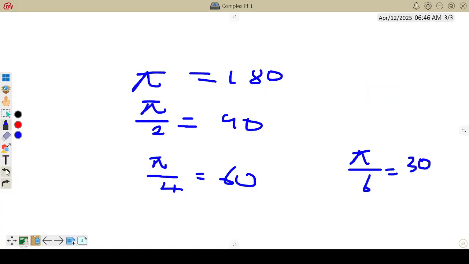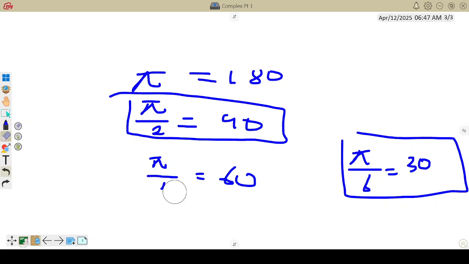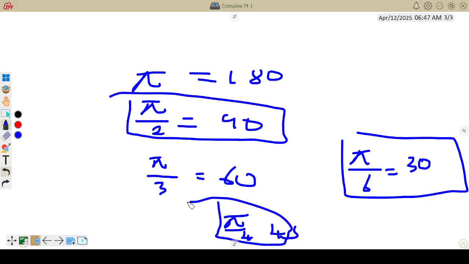Oh, okay, so pi over 3 it is there. Pi over 3 it's 60, and then pi over 4, that's 45. So these are some of the things which you should know.